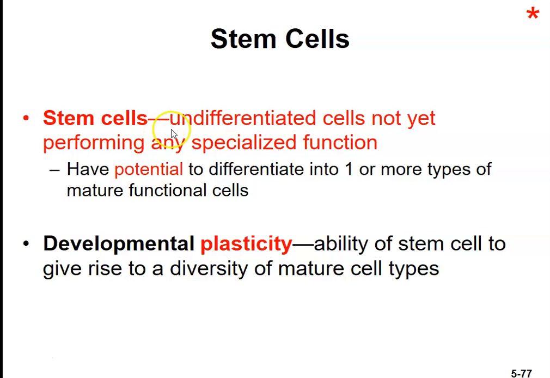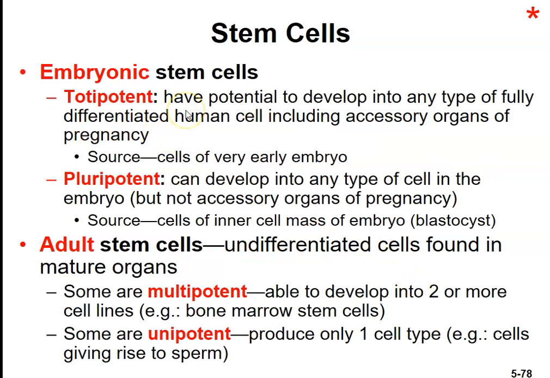A stem cell is an undifferentiated cell that has not yet performed any specialized functions. We have different types of stem cells in our body. Developmental plasticity is the ability of a stem cell to give rise to a diversity of mature cell types. Embryonic stem cells are found in the embryo.